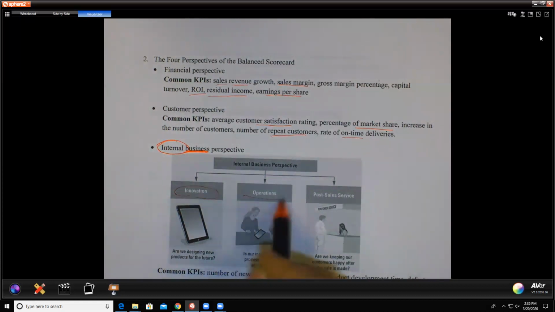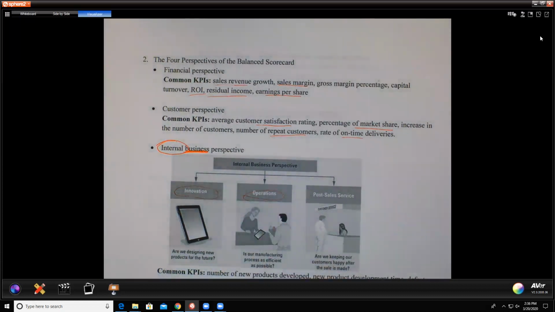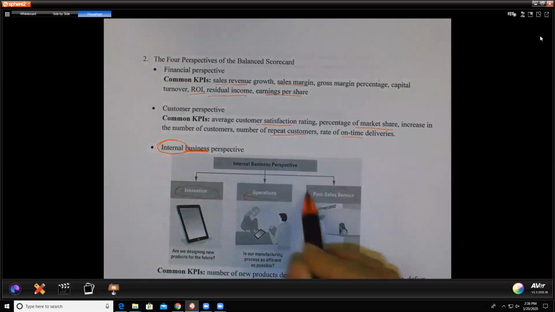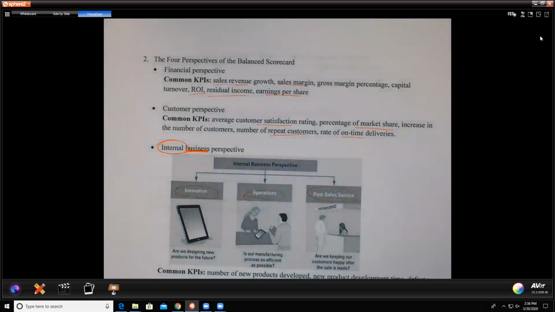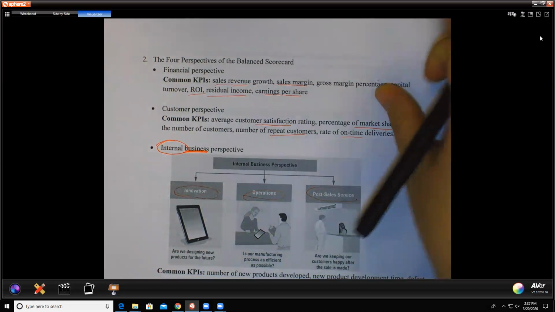How about our operations? Do we have good quality? Do we decrease the defective rate? And then also the post-sale service, customer service hotlines. Those are our internal business.